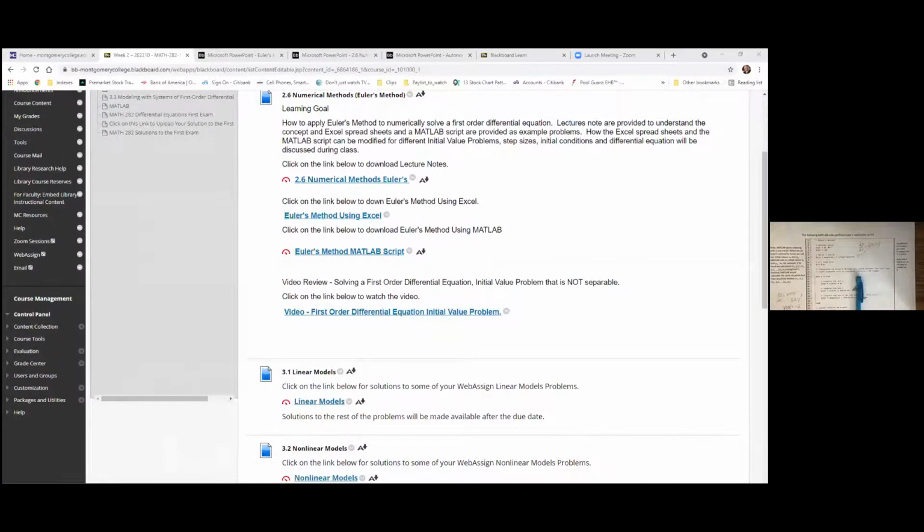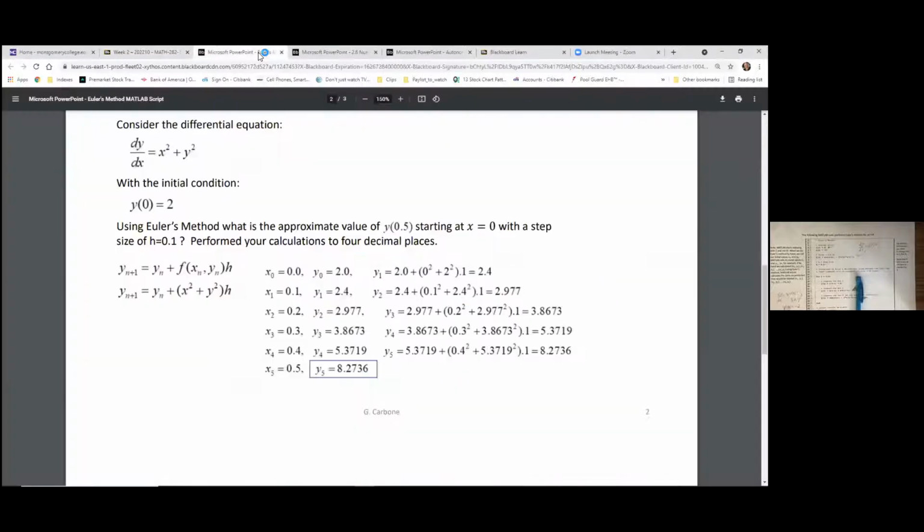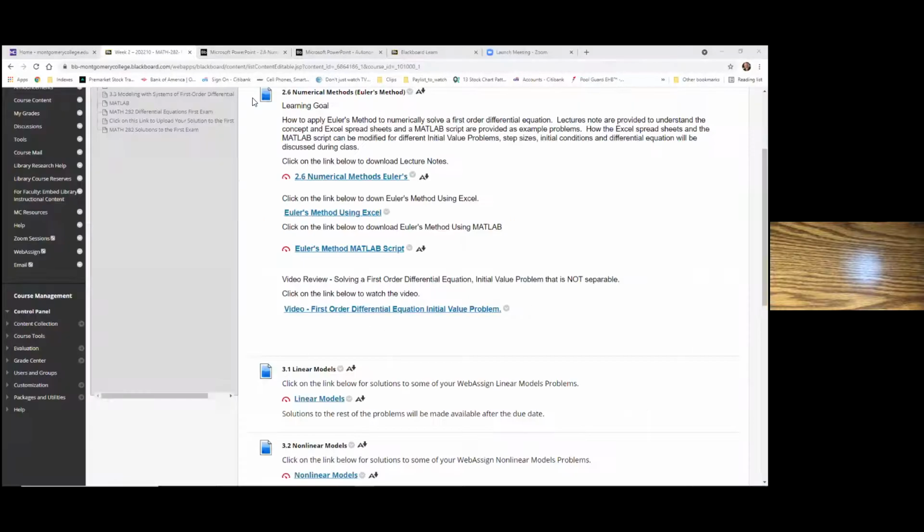No. We could do this problem by hand. Let's see how I can do this. We got 15 minutes. This is all I was planning on doing.